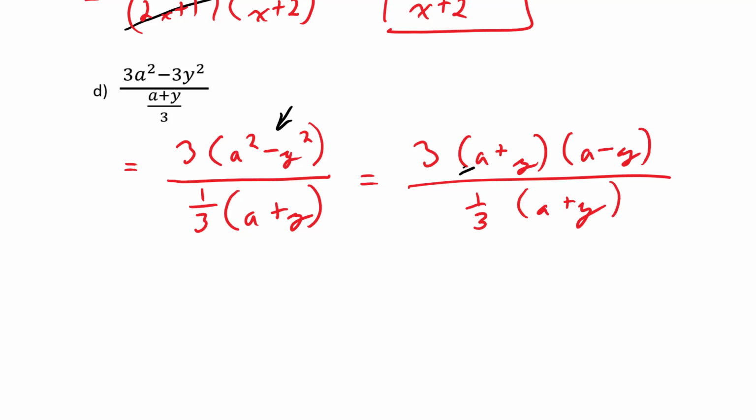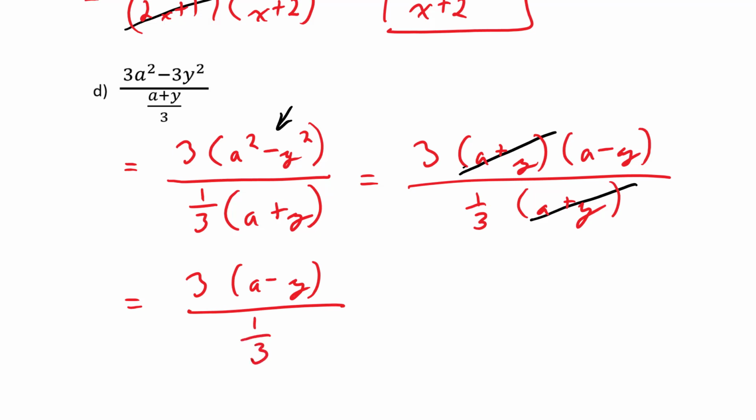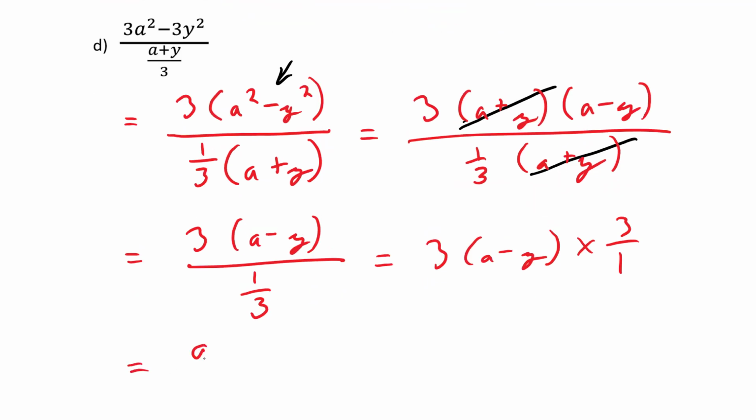And what do you see here now? We have the same value on the top and the bottom. They cancel each other out. This leaves me with 3 times a minus y divided by 1/3. Now remember, when I'm dividing by a fraction, what do I do? I flip it and I multiply it, leaving me with 9 times a minus y.